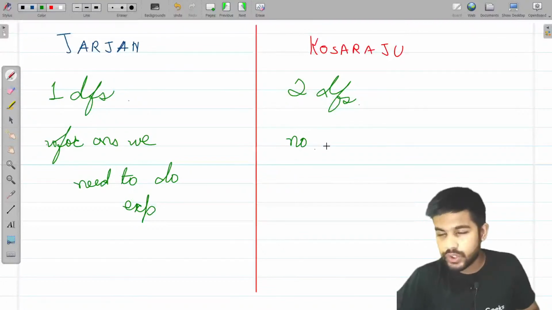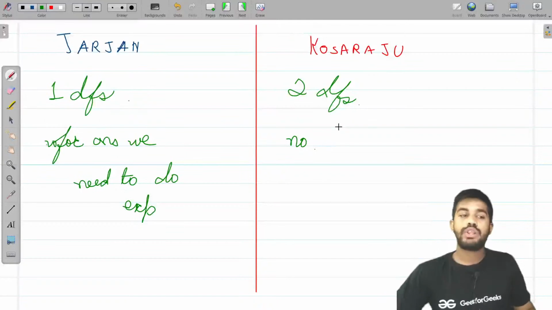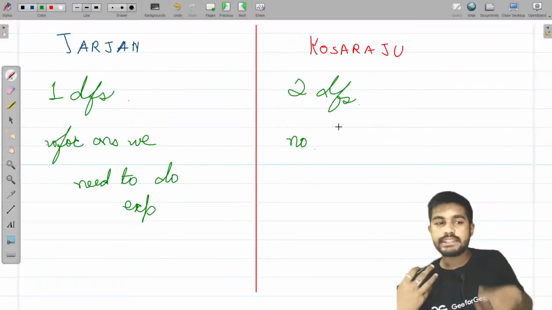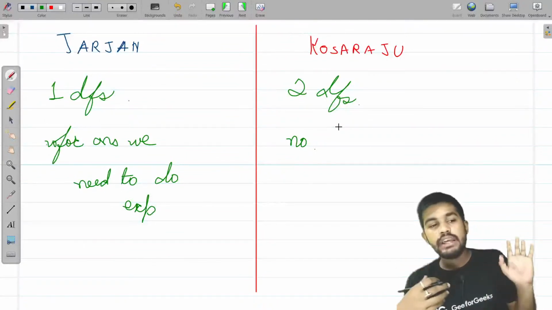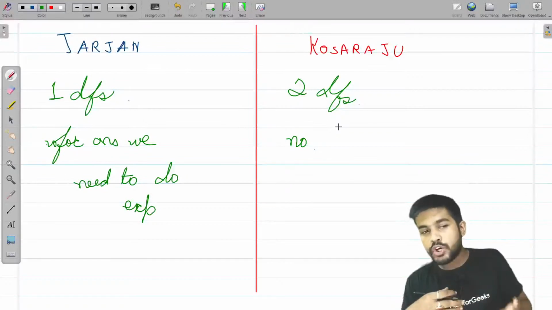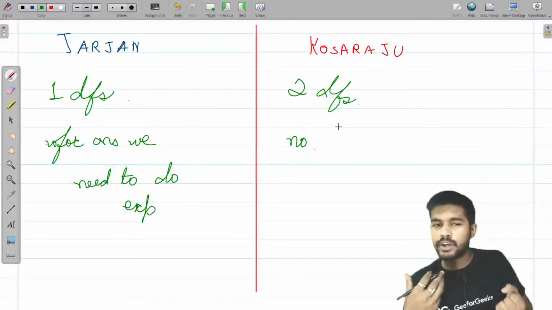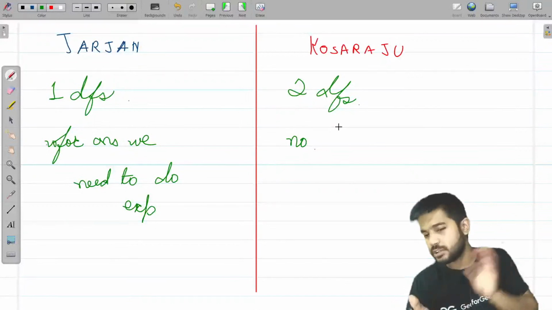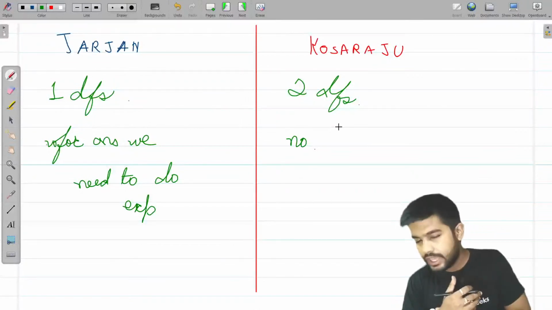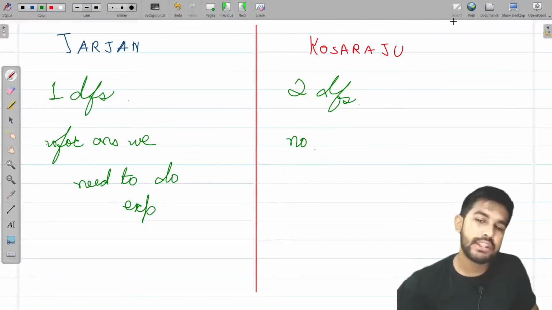In Tarjan's we don't require it. Now the constant factors are lower in Tarjan's algorithm, so it can be said that Tarjan's algorithm is a little bit more efficient than Kosaraju's algorithm. Okay, now I am done with this.